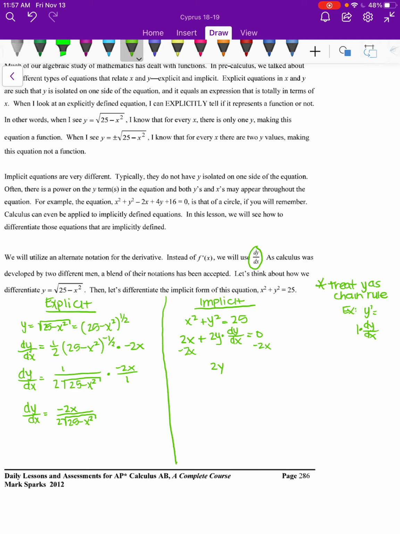We end up with 2y dy dx equals negative 2x. And then divide by 2y, so that dy dx is equal to negative 2x over 2y, which is also just negative x over y.